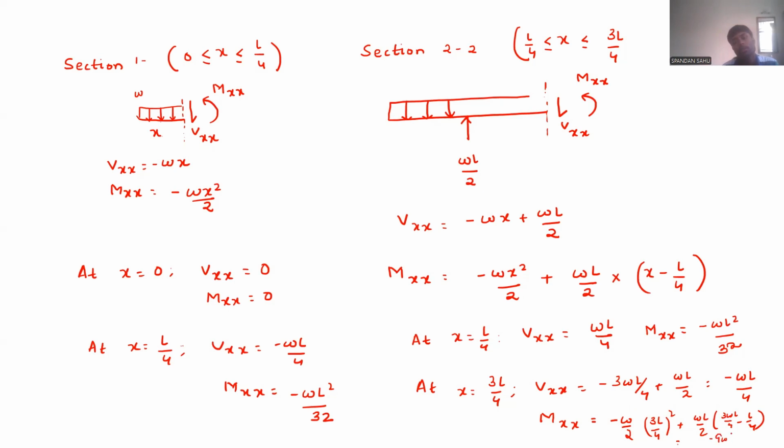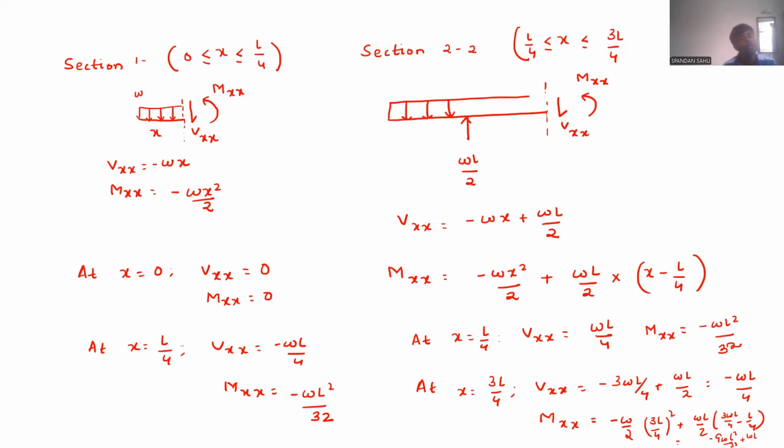The first component will be minus 9WL square by 32 plus WL by 2 into 3L by 4 minus L by 4. 3L by 4 minus L by 4 will be 2L by 4, which upon simplification became L by 2.